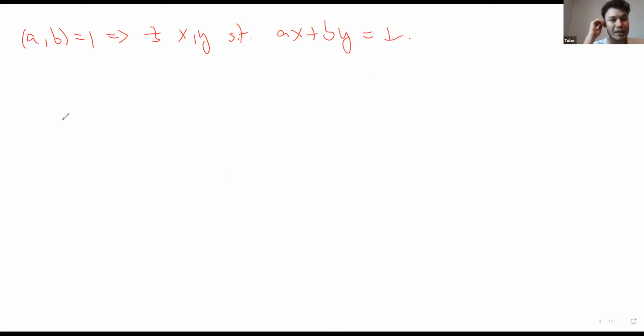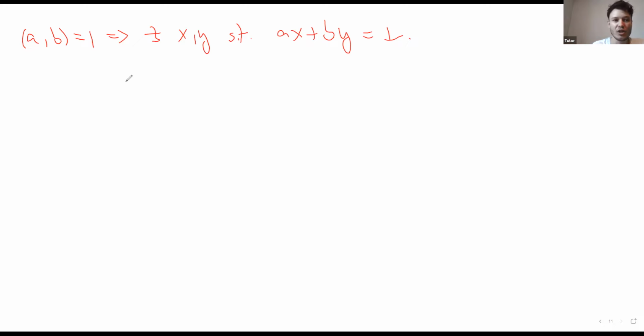So let's say that A and B are a good pair. The theorem says that I can find x and y such that ax plus by is equal to 1. Well, what does this mean? There are two properties here.